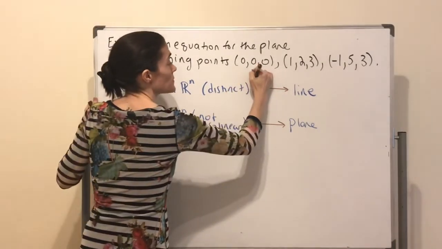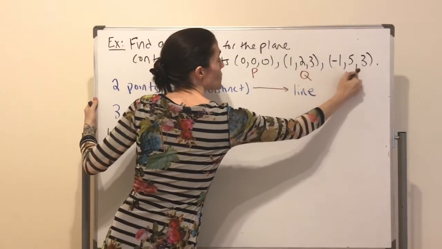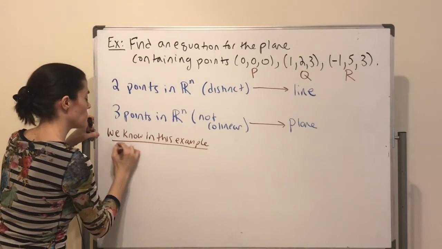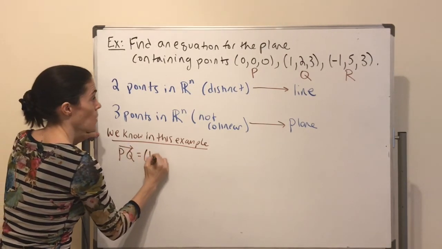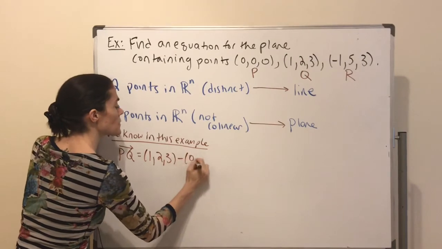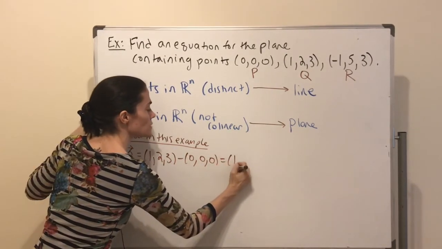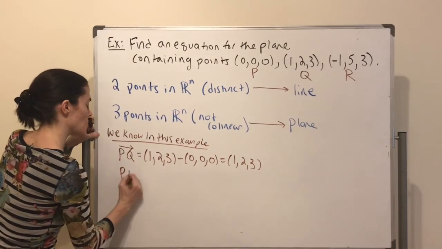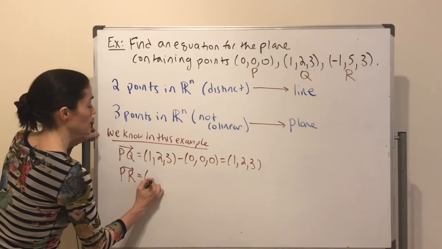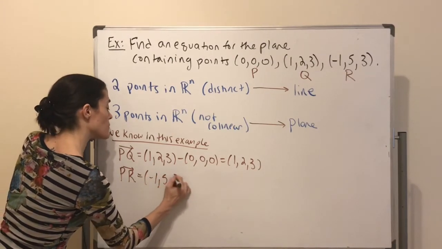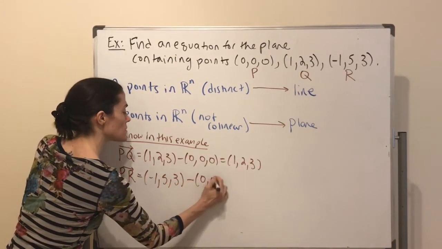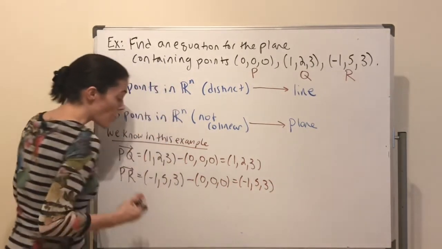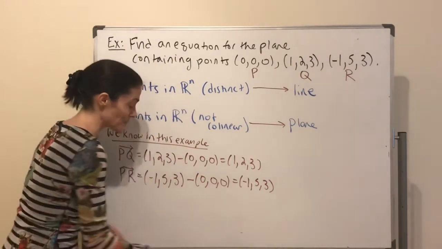I'll label this P, Q, and R. We know vector PQ, which is (1, 2, 3) minus (0, 0, 0). It's just this vector, (1, 2, 3). And we know vector PR, which is (negative 1, 5, 3) minus (0, 0, 0). It's just (negative 1, 5, 3). Both of these vectors sit in the plane.